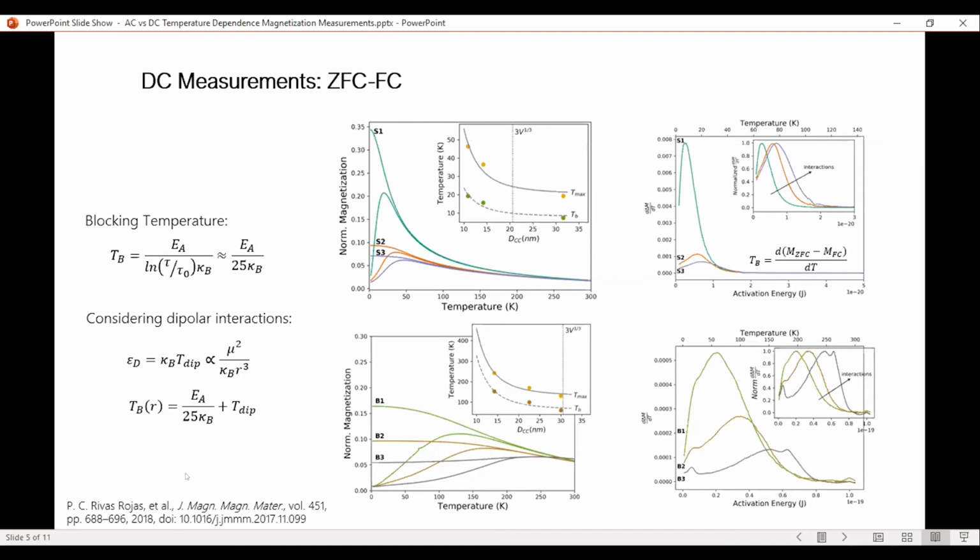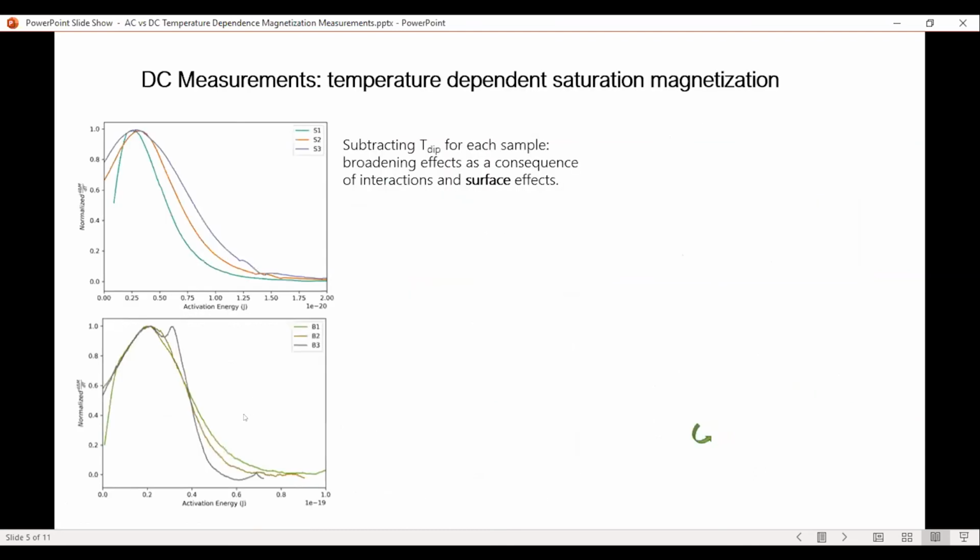So we found a blocking temperature for the system in the limit when there are no interactions, and an associated or equivalent dipolar temperature for each sample. This is how we are going to represent our blocking temperature in each case. With that value of dipolar temperature, if we want to call it that, we subtracted it from the distributions that we previously obtained.